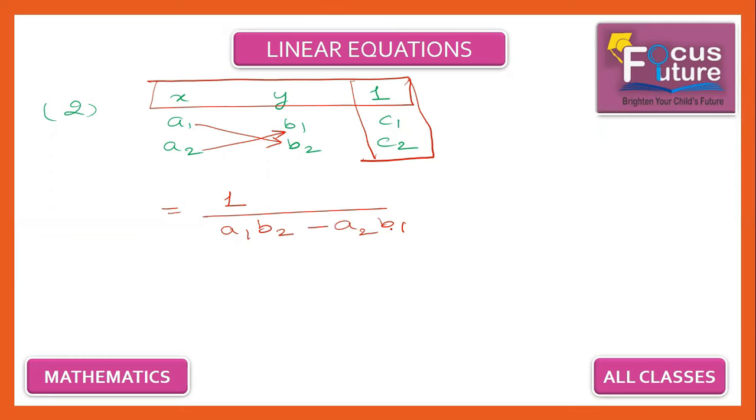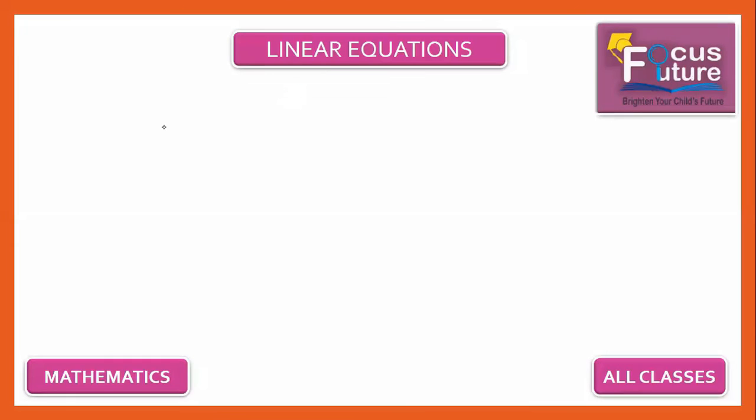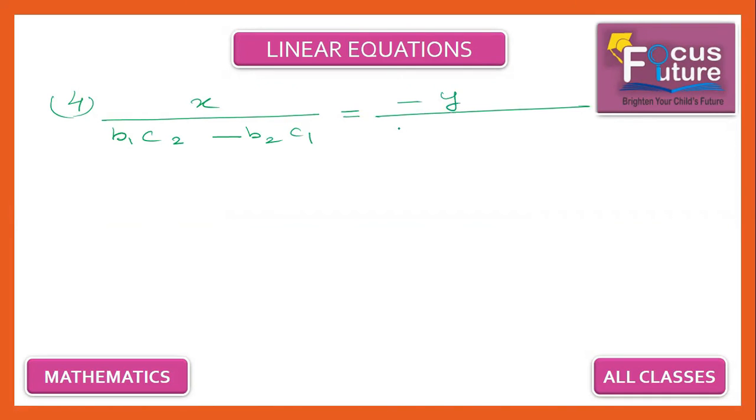Okay. Now just compile everything you got. So your fourth step would be equating all the values. So you got x divided by b1 c2 minus b2 c1, that is equal to minus y divided by a1 c2 minus a2 c1, that is equal to 1 divided by a1 b2 minus a2 b1.